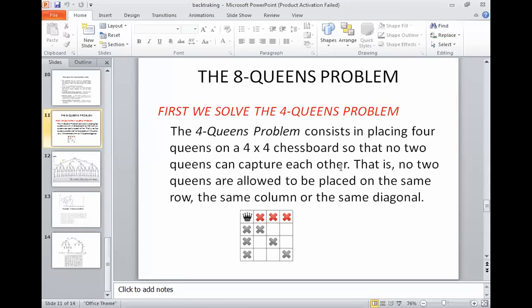And what is the implicit constraint here? No 2 queens are allowed to be placed in the same row, same column, or same diagonal. This is our implicit constraint. And our explicit constraints are Q1, Q2, Q3, Q4. Okay, clear, students?